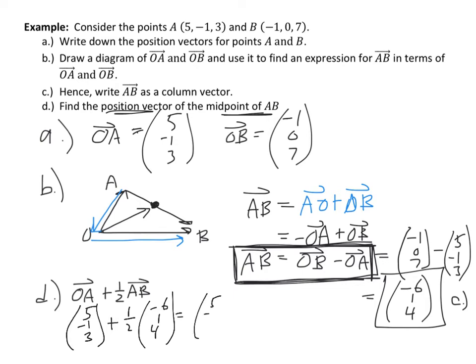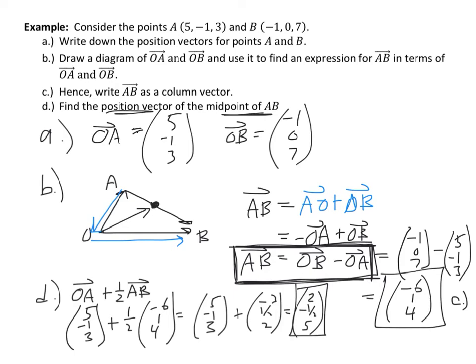So that means I could do 5, -1, 3, plus -3, 1/2, 2. And in the end, this is 2, -1/2, 5. And that's our answer for part D. That's the position vector of that midpoint.